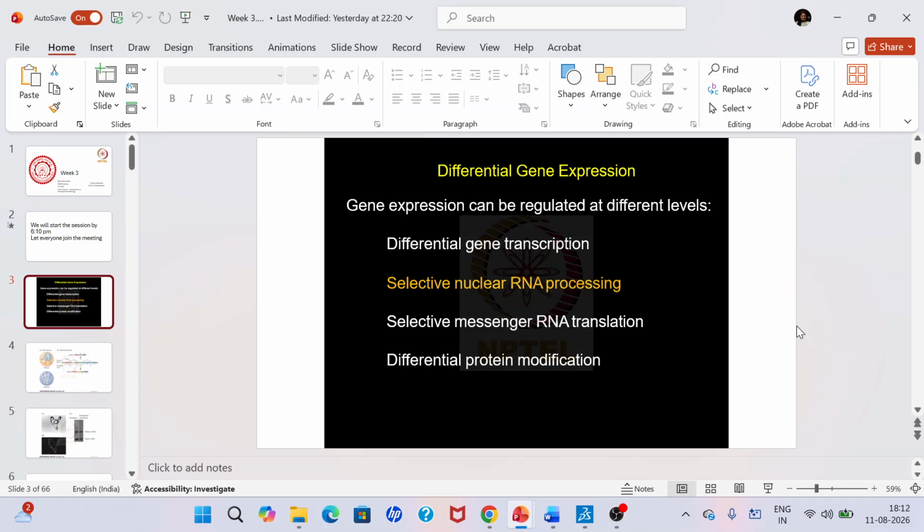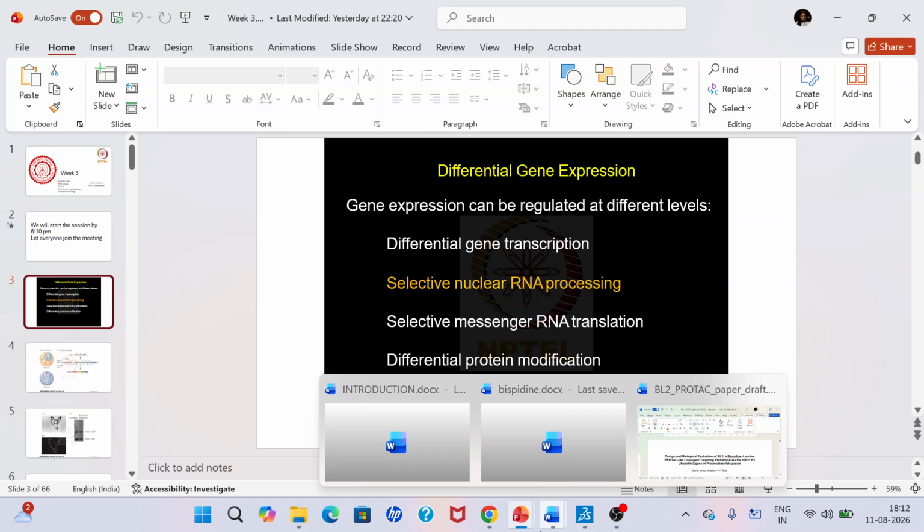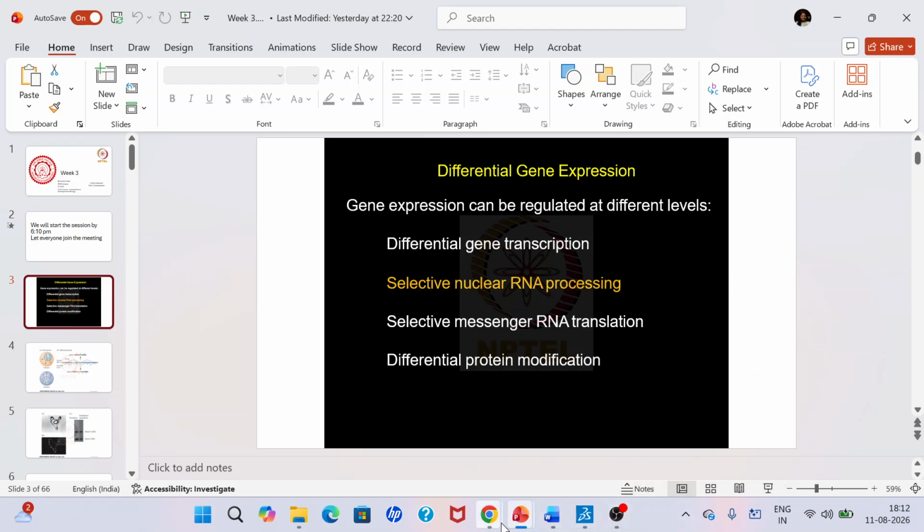So that is what differential gene expression is. That means the regulation of gene expression, of a single gene, but at different levels. That is what we have seen in the last week, and it is still being continued here in this week also.